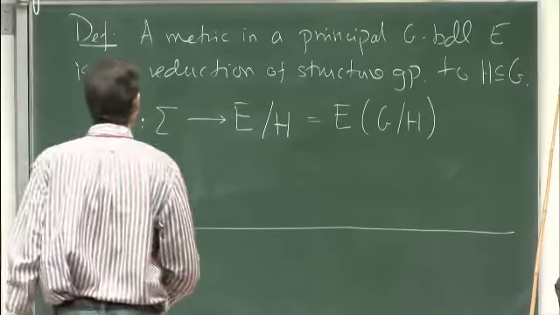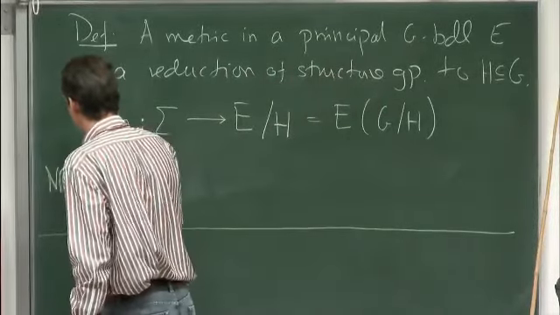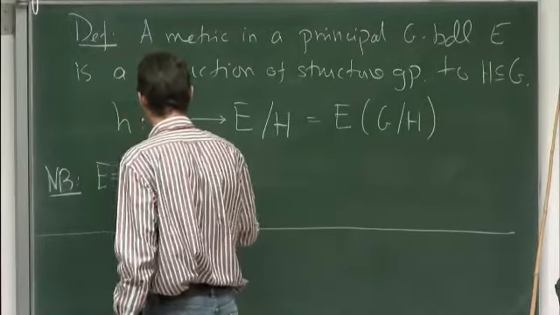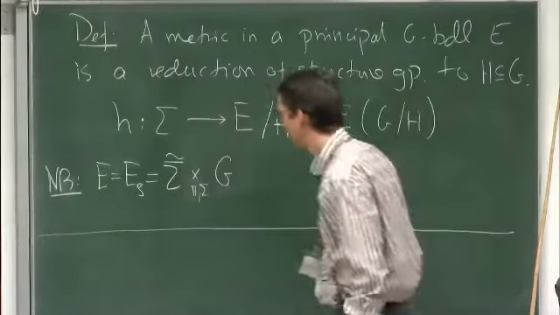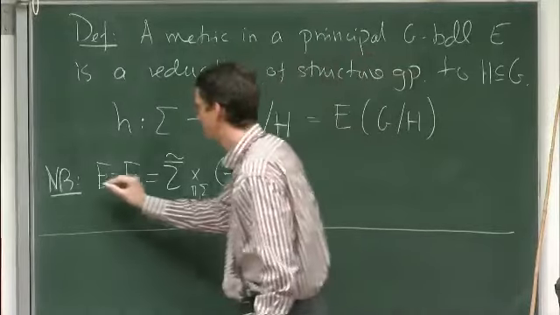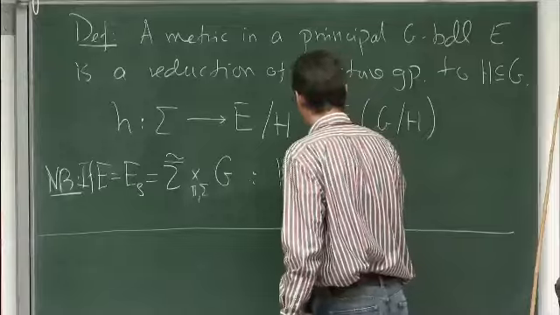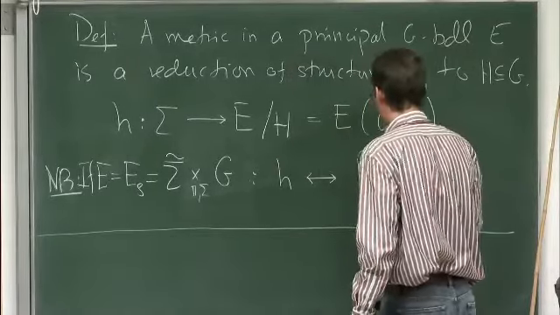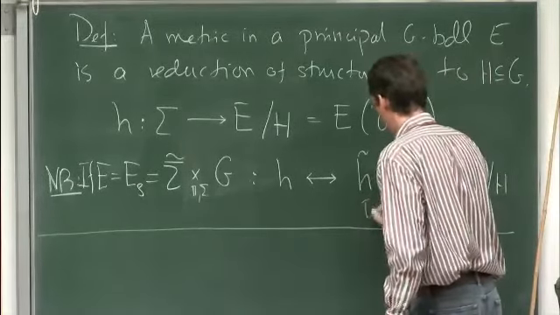So let's note that if I started with a flat bundle, so if E is equal to this E rho, then such a thing corresponds simply to an equivariant map from the universal cover to G over H. Equivariant.